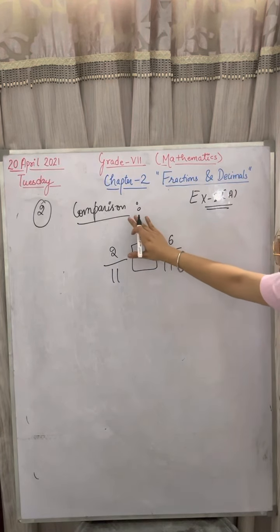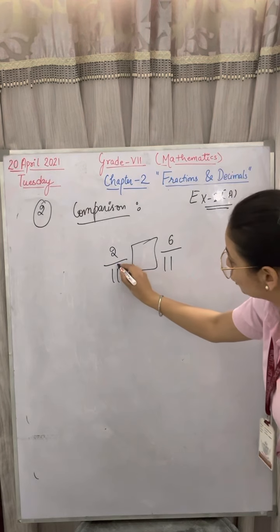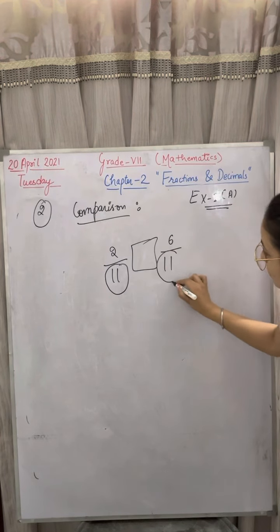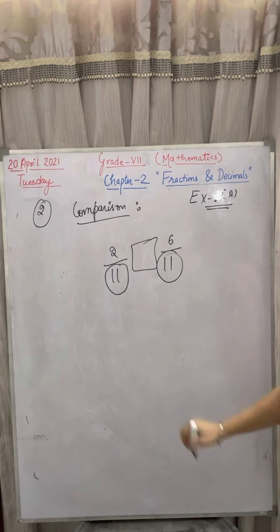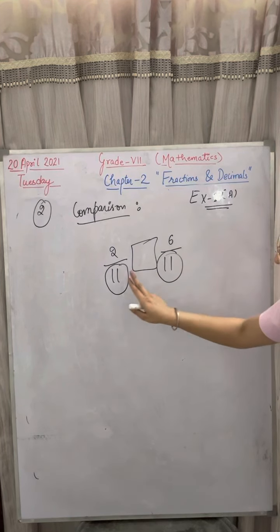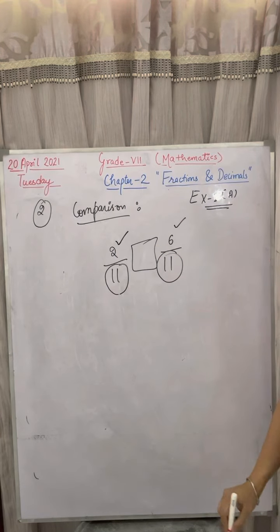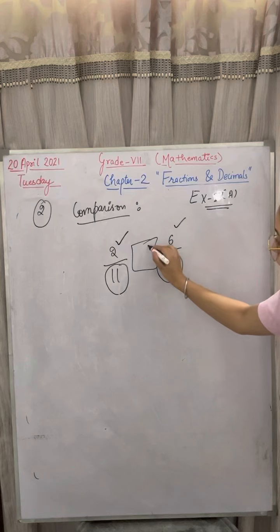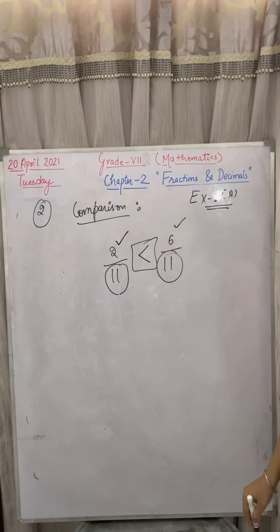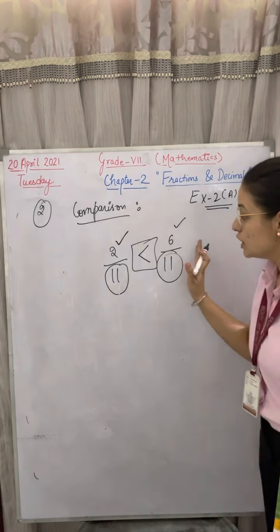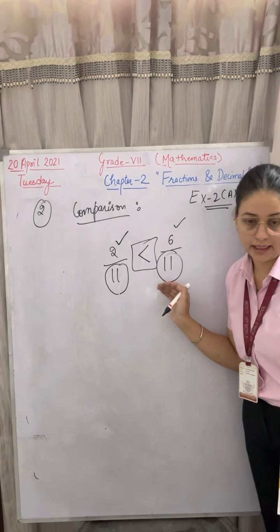Whenever you are comparing, first see whether their denominators are same or not. Yes, they are same. If denominators are same, check their numerators. So which one is bigger? 6 upon 11 is bigger. This is the case when the denominators are same.